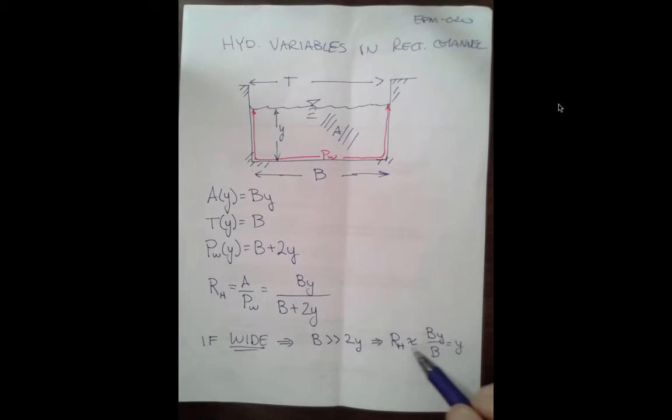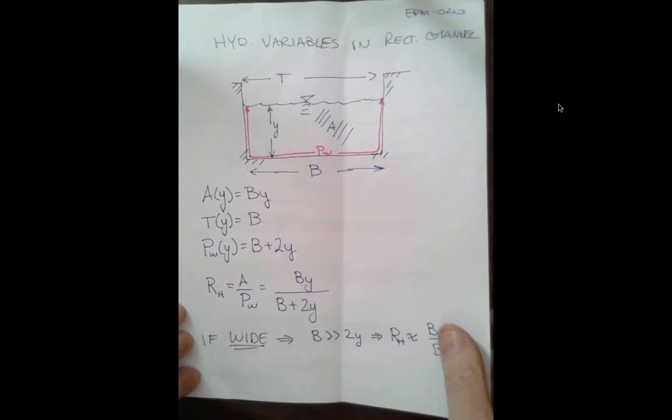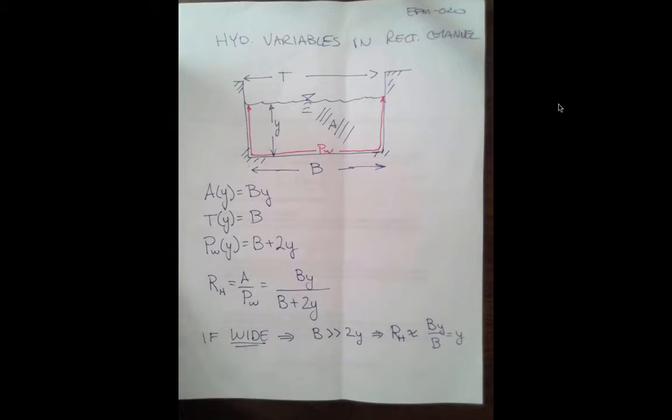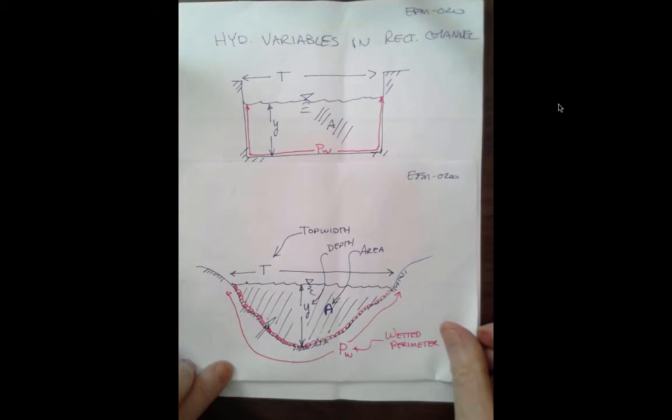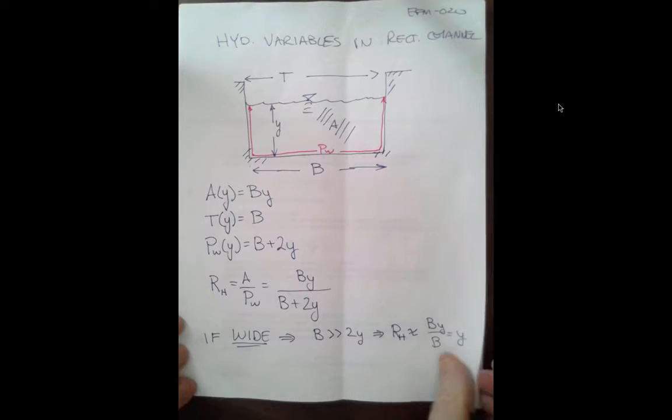So in relatively wide channels, Mississippi River kind of stuff, if the width is quite a bit bigger than the depth, then the depth itself is a pretty accurate estimator of whatever the computational hydraulic radius is. Okay, so do we get all the pieces on here? Sure enough.